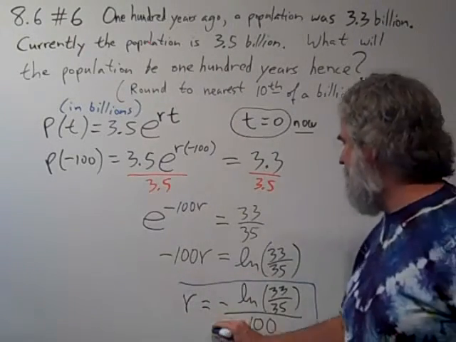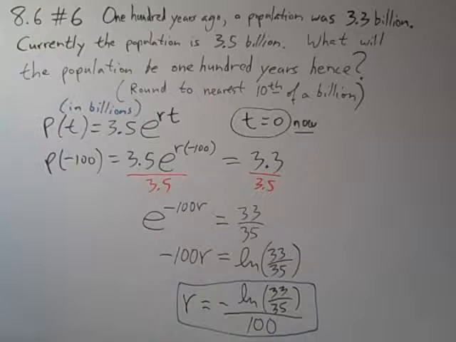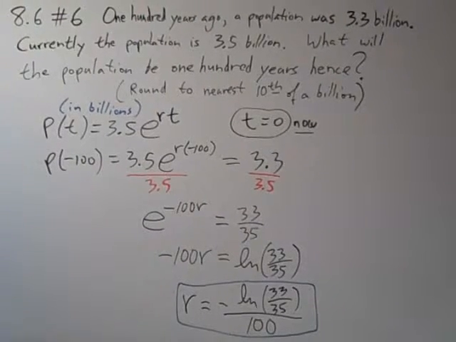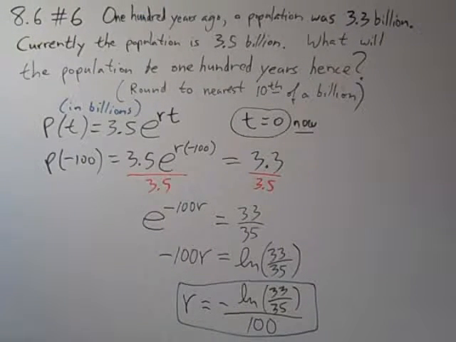We need this value of r to answer any other questions about this equation, this population, including what will the population be 100 years from now, 100 years in the future. I'm going to leave it in this form. It's more compact than if you write it out as a big long decimal. And it's best not to round off a number like that.